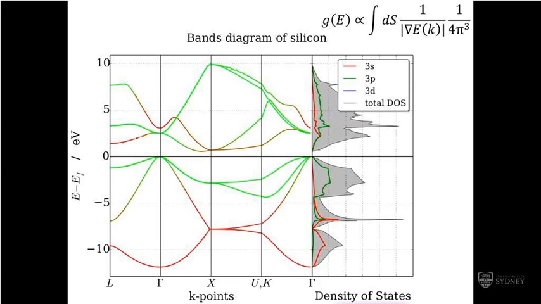So you can see these are S kind of orbitals, and the green is P. Also plotted is the total. So from integrating over all of the Brillouin zone, you get the whole grey. Although you can see the red and the green, they do reflect the character of the total density of states.